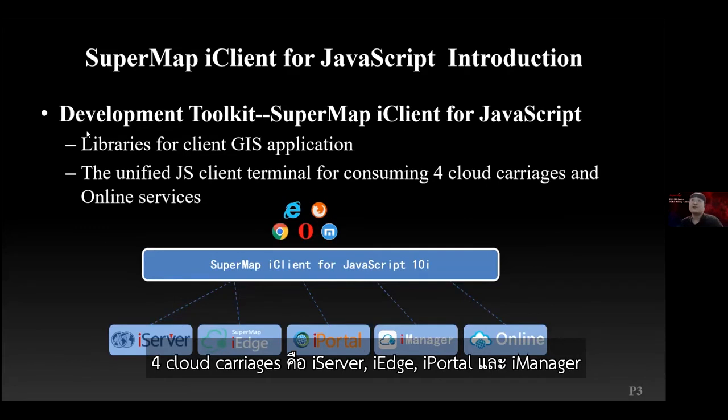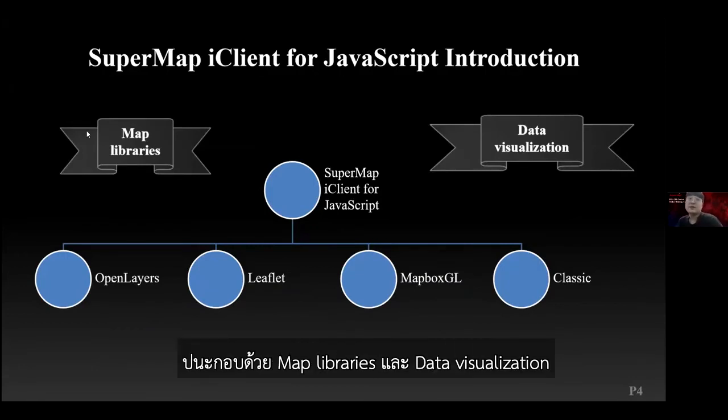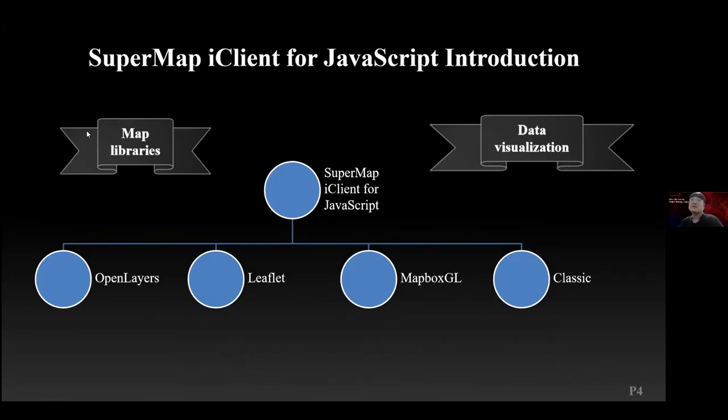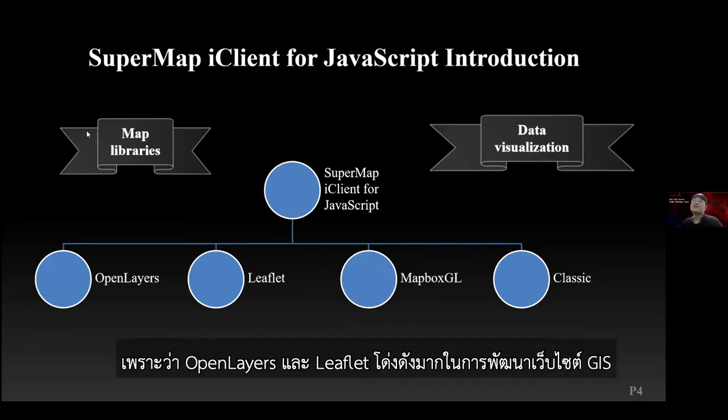The full cloud carriages are SuperMap iServer, SuperMap iEdge, SuperMap iPortal, and SuperMap iManager. And it provides us two main libraries. The first one is map libraries, and the second one is data visualization. SuperMap iClient for JavaScript is open source because it is based on open source frameworks like OpenLayers, Leaflet, MapBox GL, and Classic.